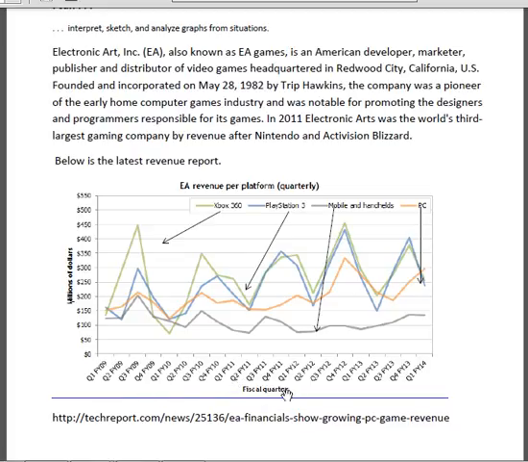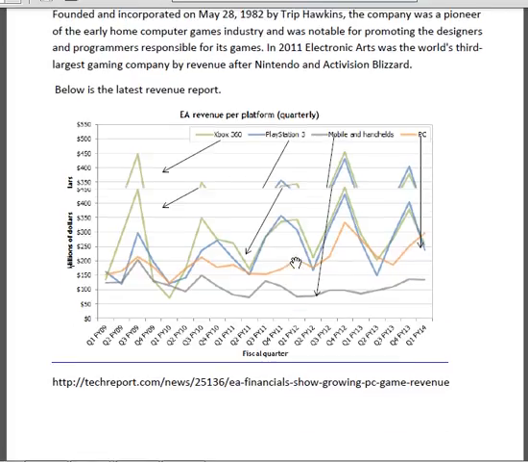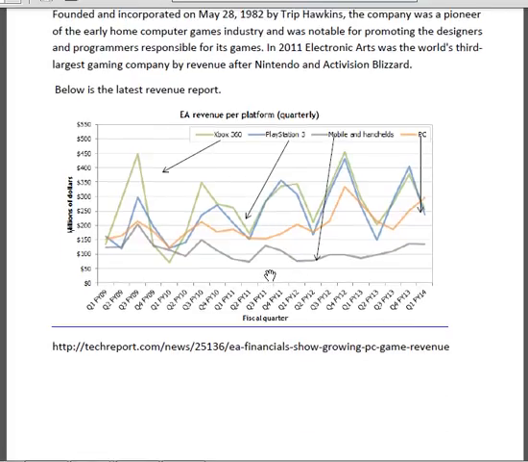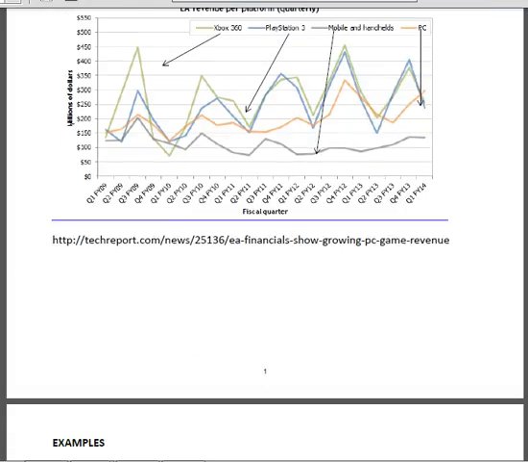And then we have the fiscal quarter, and that's talking about the amount of millions of dollars that these game companies are earning. Alright, so this is basically a real world example of how a graph is used to discuss or compare different companies or different gaming systems.